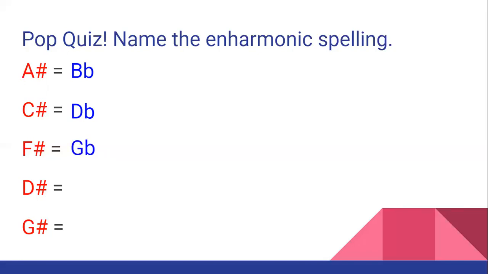G flat. What is D sharp the same as? E flat. And what is G sharp the same as? A flat. If you struggled with that, just ask yourself, sharps are going higher, so what is one note higher than that letter? And that will always give you the flat note equivalent.